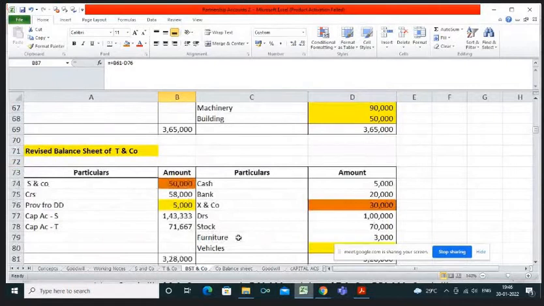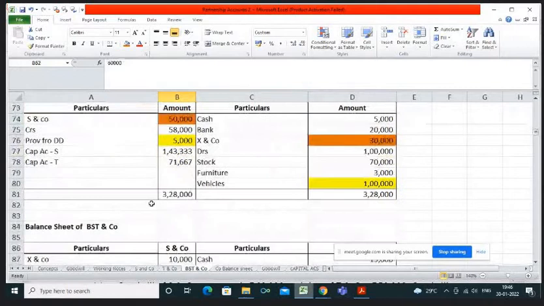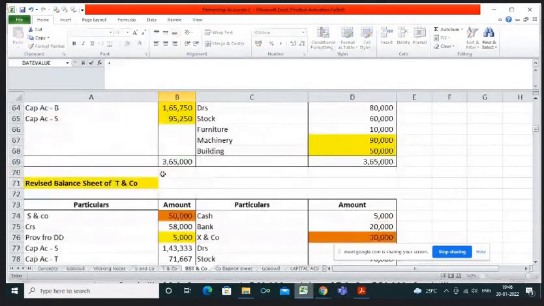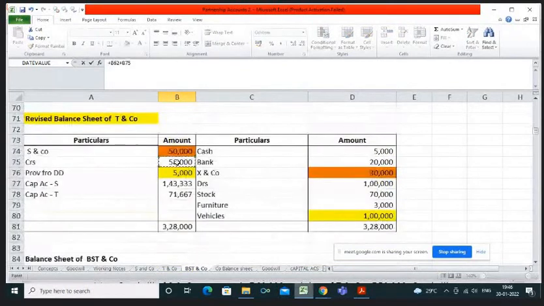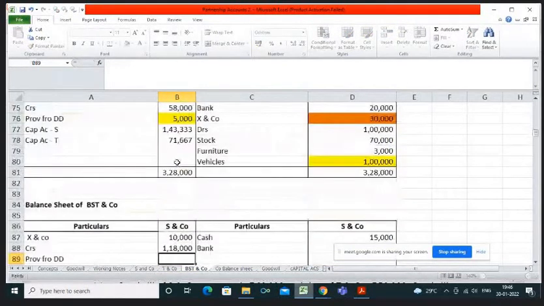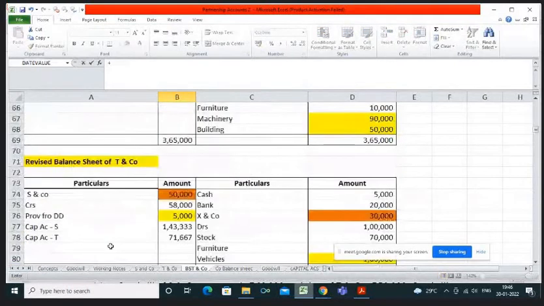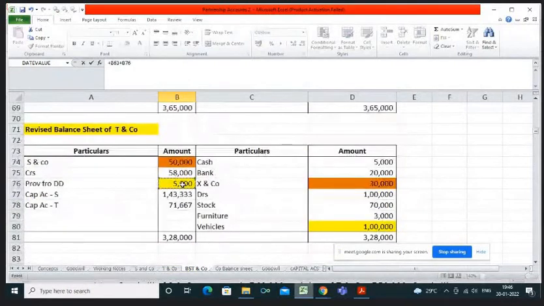Now we'll see creditors, 60,000 and 58,000. 1,18,000 will be the total. And then we have provision for doubtful debts. Provision for doubtful debts is 4,000 plus 5,000. It is 9,000.